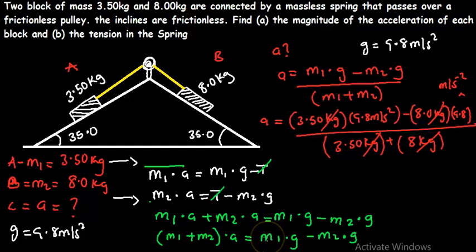If you multiply 3.50 by 9.8, this is simply going to be 34.3. And if you multiply negative 8.0 by 9.8, this is simply going to be negative 78.4. The only unit we are going to be left with at this point is Newton.